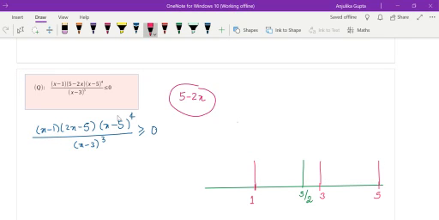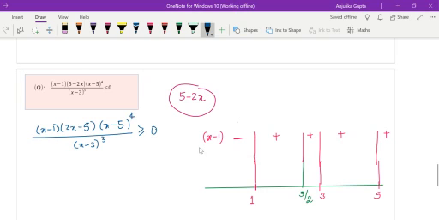But can you see that x minus 5 has power 4? So it doesn't change its sign. If you start writing the way we did just now, x minus 1 changes sign at 1, so positive to the right of it and negative to the left of it.